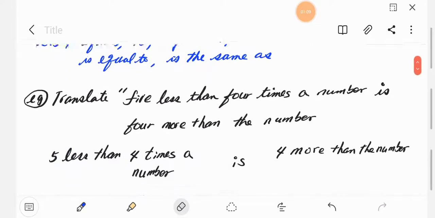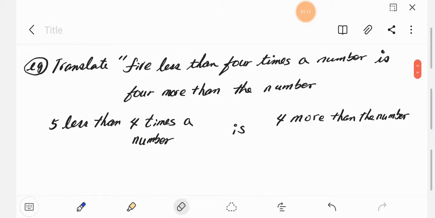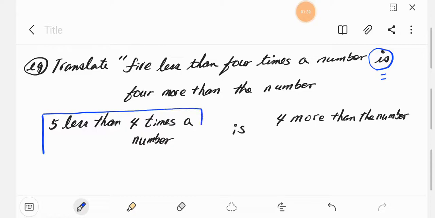Alright, so let's try an example. Translate: 5 less than 4 times a number is 4 more than the number. Here it is, right? "Is." So replace this "is" with what? Equal sign. So everything on the left hand side, 5 less than 4 times a number, will be the left hand side of the equation.